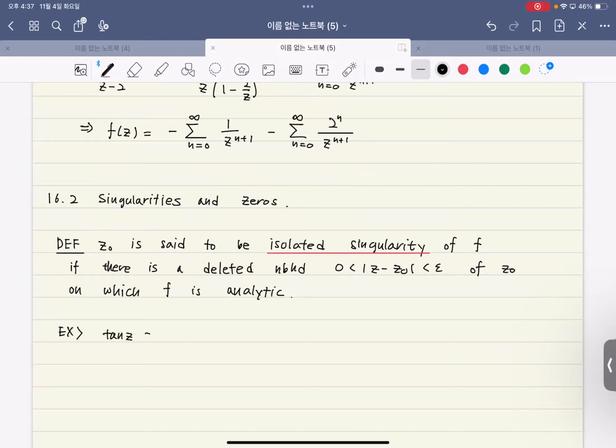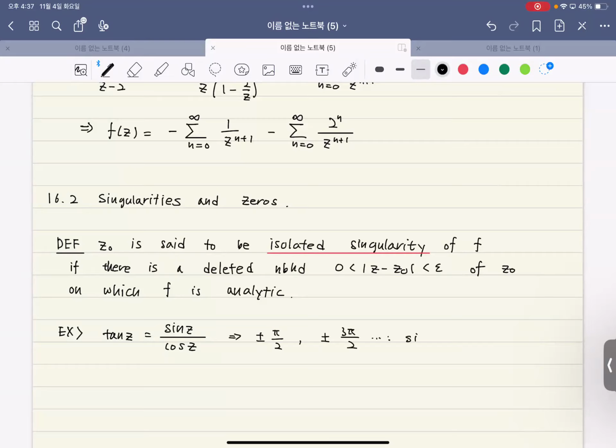We consider the complex tangent function. The tangent is defined to be the sine over cosine. Can you guess the singularities of this function? It has infinitely many singularities, and these singularities are located at plus minus pi over 2 and plus minus 3 pi over 2.